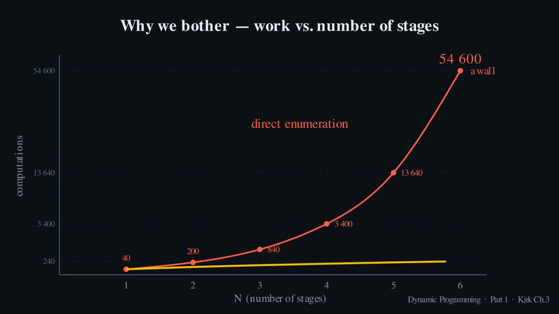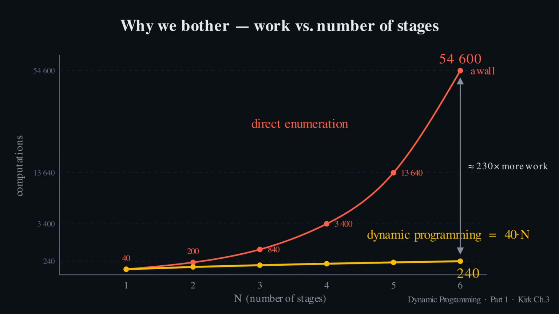But look at the cost in stages. Direct enumeration explodes. 40, 200, 800, then tens of thousands. Dynamic programming just walks up a straight line. 40 times the number of stages. Linear against exponential. That gap is the whole reason we bother.